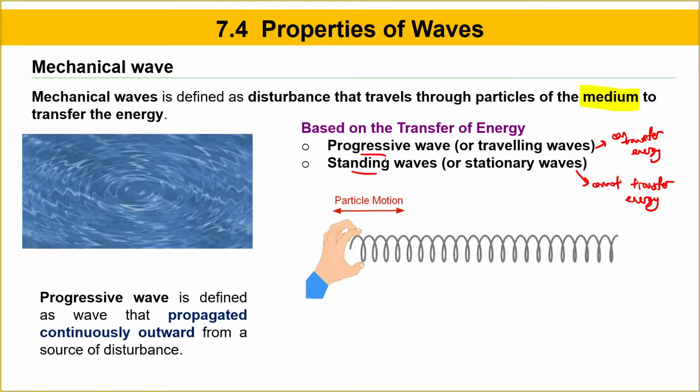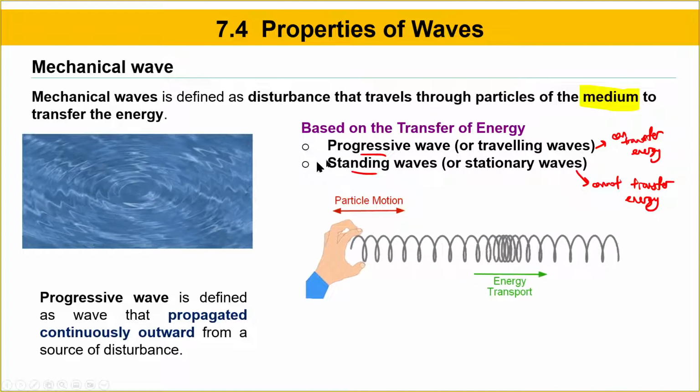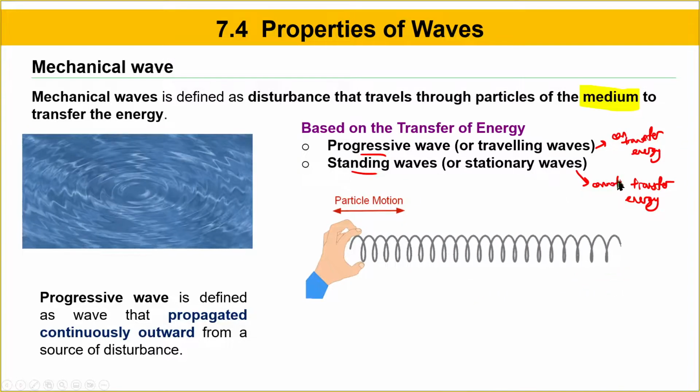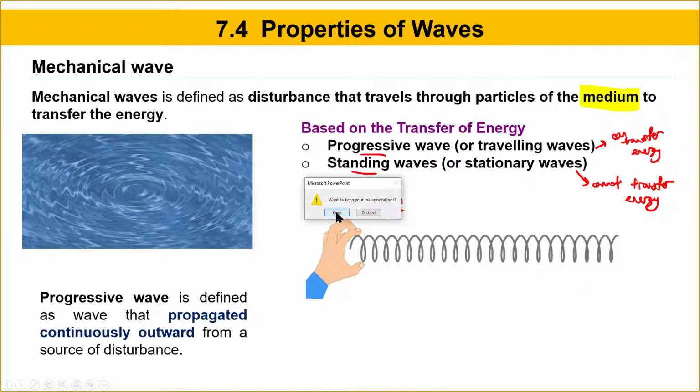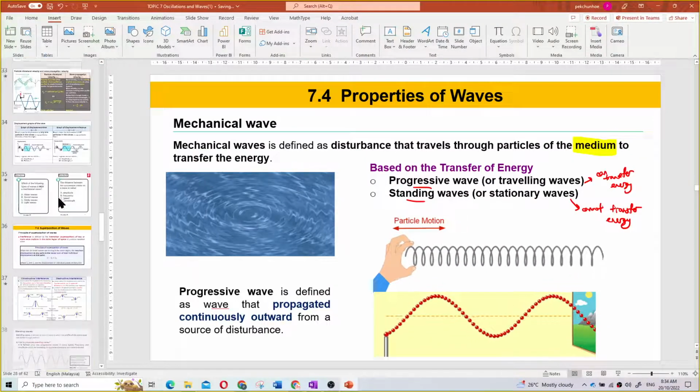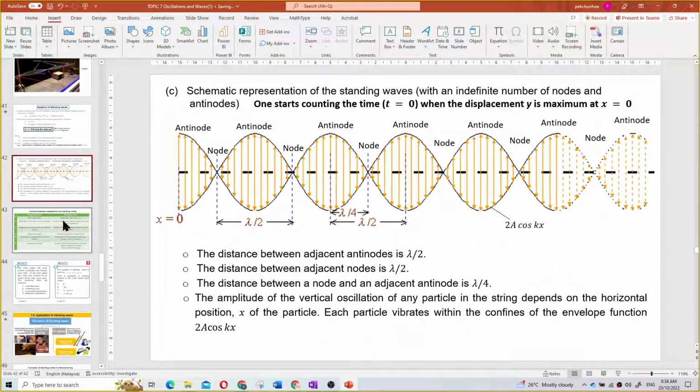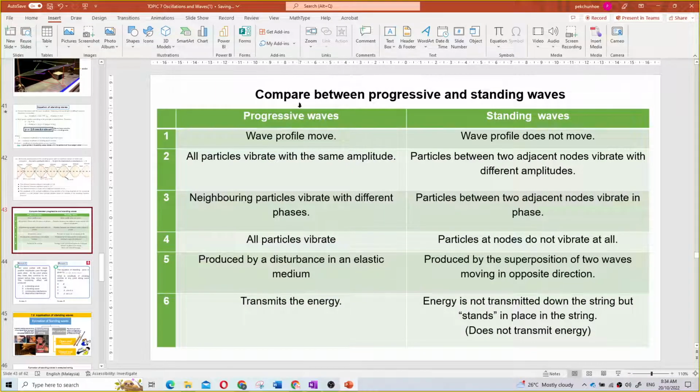This one is progressive, and progressive can transfer energy. This one cannot transfer energy. Finally, we're going to learn about standing waves also. See that? Compare between progressive and standing wave.